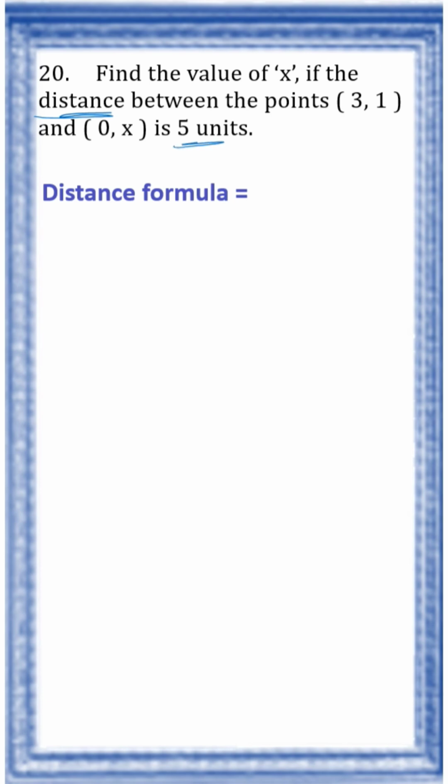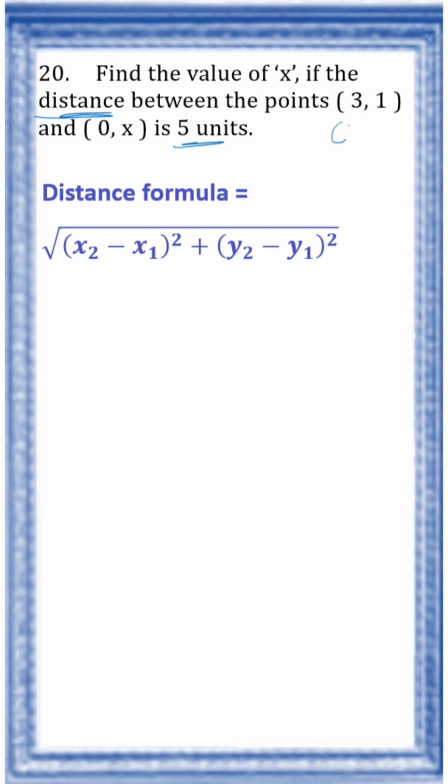It is important to write the formula, that is square root of x2 minus x1 the whole square plus y2 minus y1 the whole square. Now let us substitute the values. Let this be x1, y1 and this be x2, y2. This is distance. Okay, distance is 5 units.